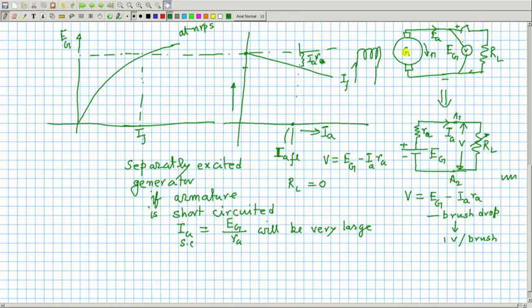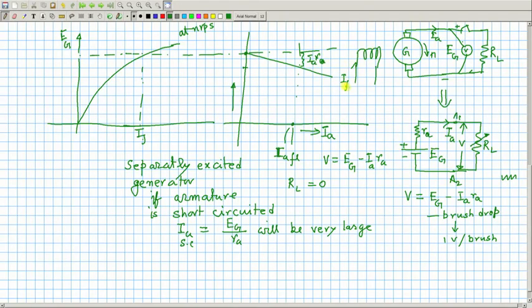Like any other source, why a battery, why should I short it? All power will be drained out, but in case of a generator it assumes more importance because the armature winding will be at stake because of large current. Brushes may burn, things like that. So, these are the main points of a separately excited generator.